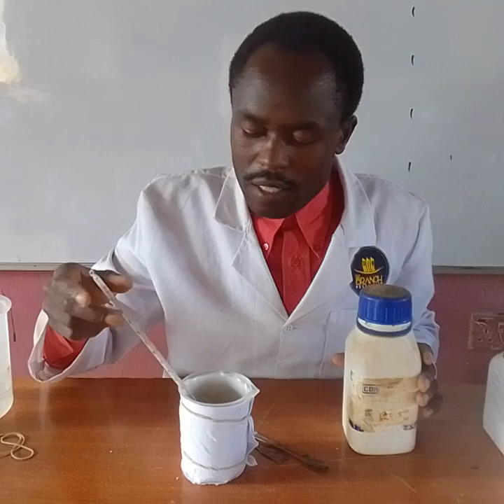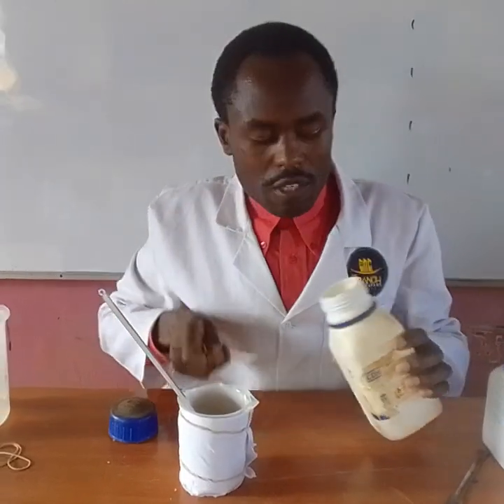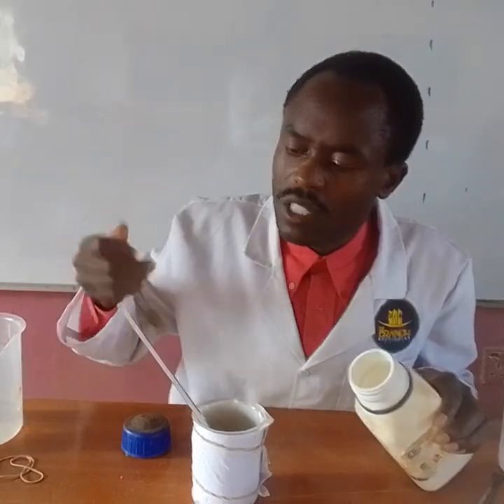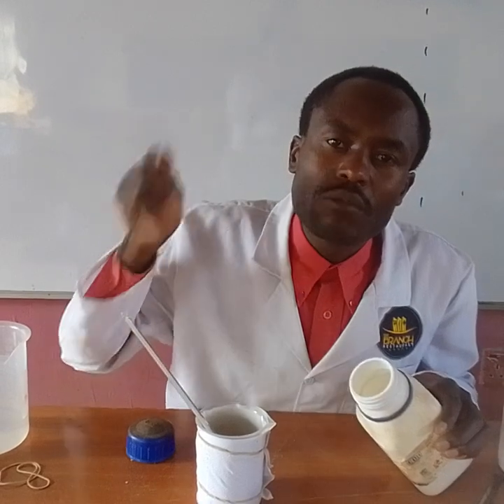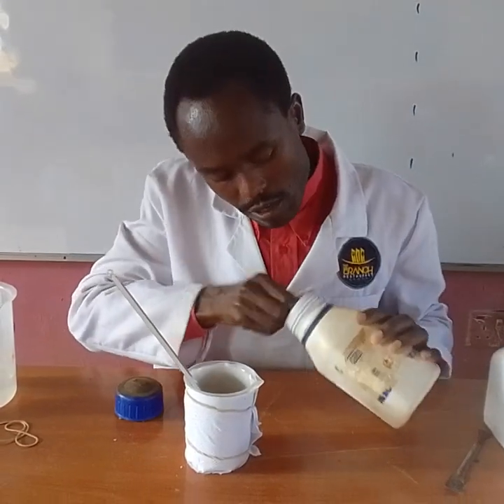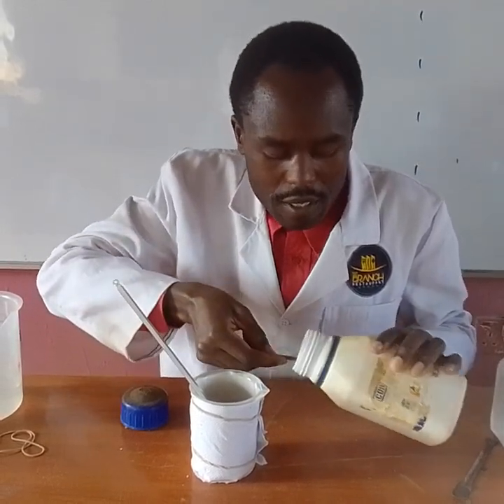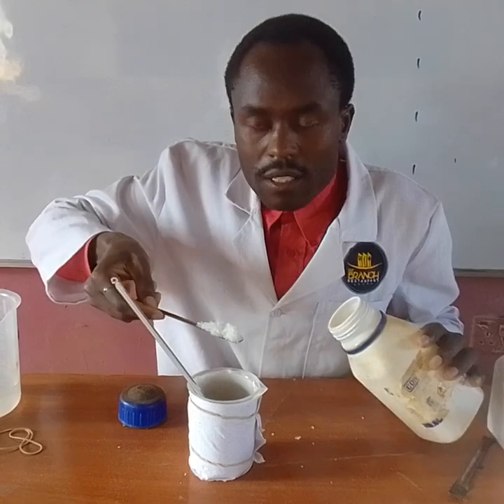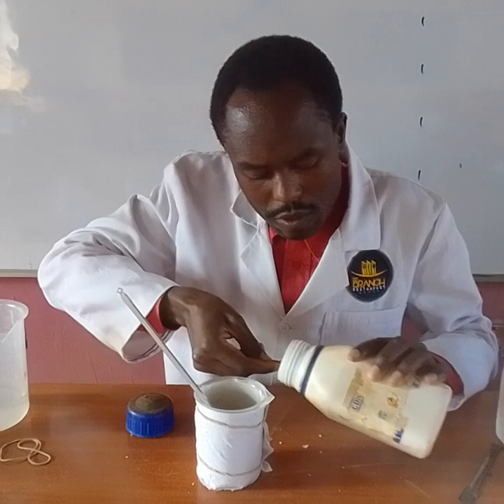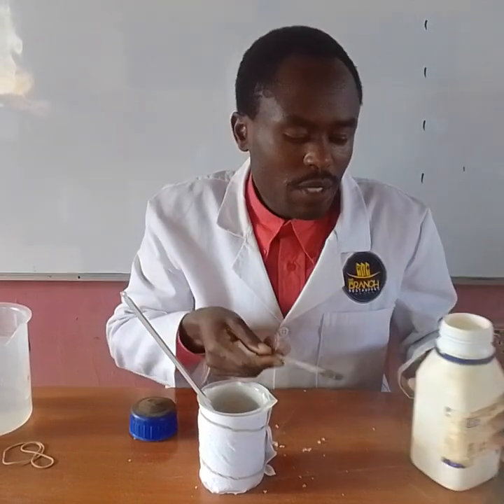Then I'm going to add 2 full spatulas into this distilled water. Then I'm going to start using the thermometer, and then we read the final temperature. Good. Let us go. I'm going to take 2 full spatulas. That is 1. That is 2. And my student, please concentrate.